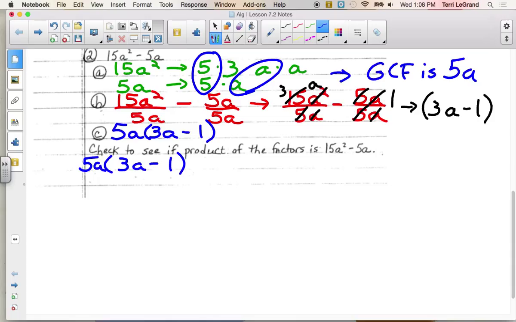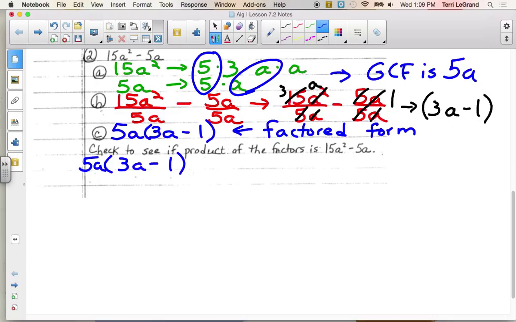What does it become? 15a squared minus 5a. Yeah, is that what we wanted it to become? Absolutely. Okay. So whatever we get better be our original, so what are we going to call that? Factored form. Get used to that, because if they ask you that on a test and they say, write the factored form for this polynomial, you've got to know what they're asking you to do.